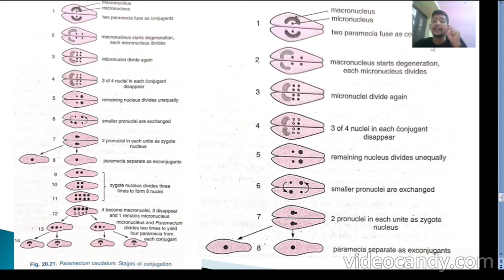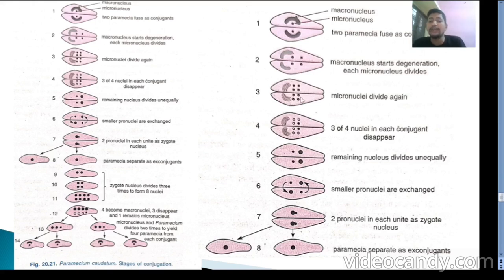In each conjugant the macronucleus undergoes degeneration and disappears. The macronucleus disappears, but the micronucleus will remain and undergo division. You can see here in the diagram, earlier there is a single micronucleus, now you can see two micronuclei in each paramecium.